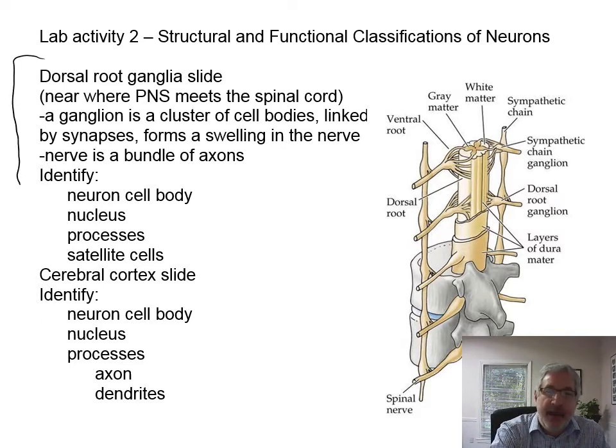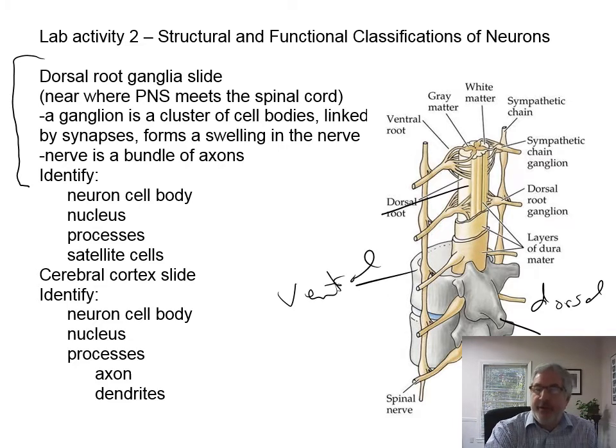So this is the spinal cord here, and this is the dorsal side, because you recognize your spinous process here, and here's your ventral side here, where the vertebral body is, and then you have the spinal cord.